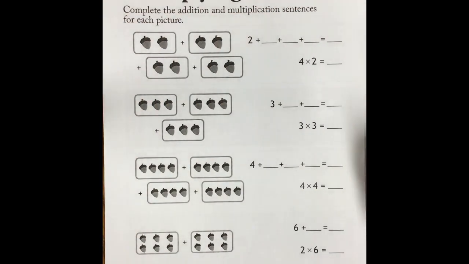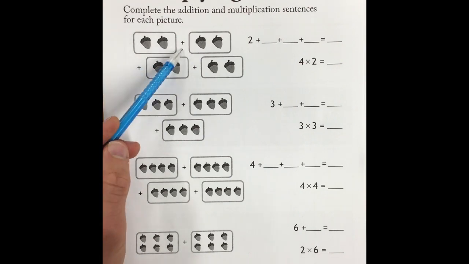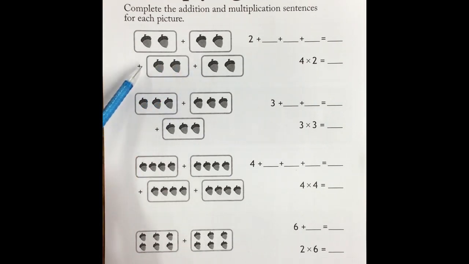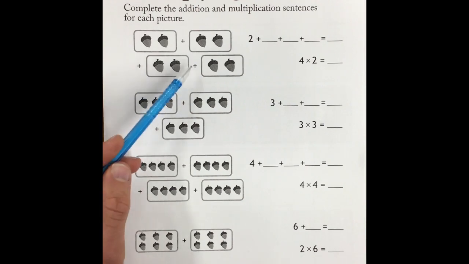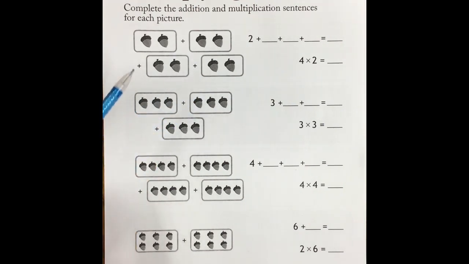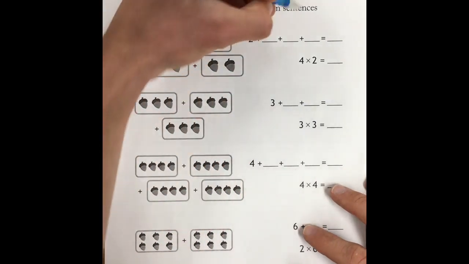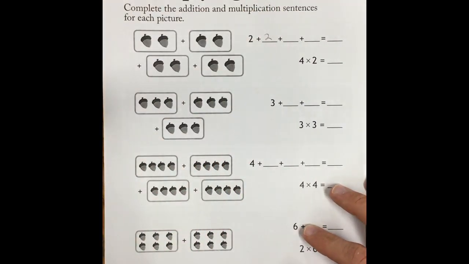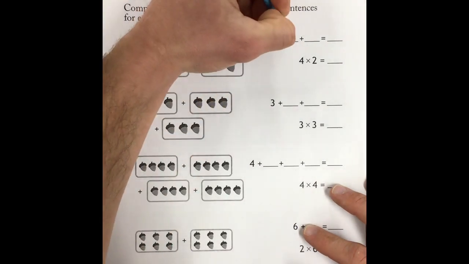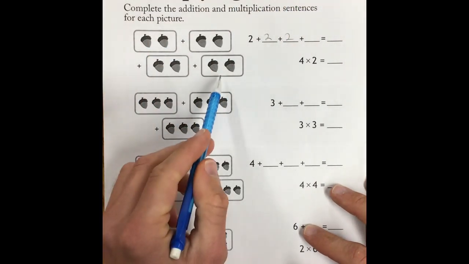And let's begin. Complete the addition and multiplication sentences for each picture. 2 plus 2 plus 2 plus 2.